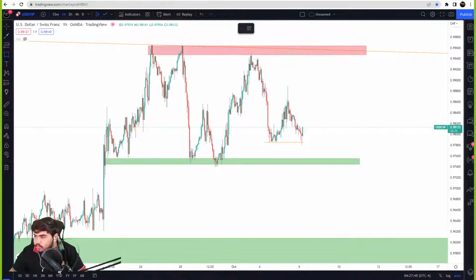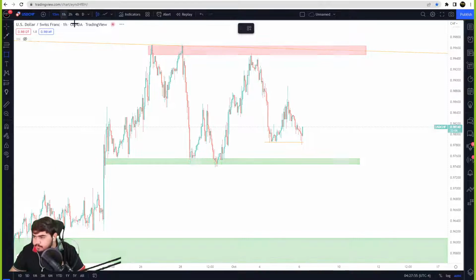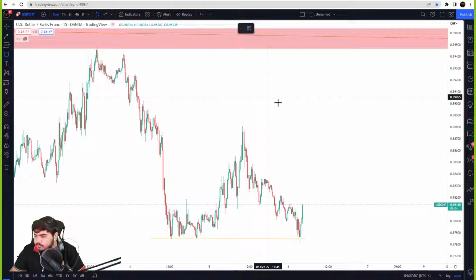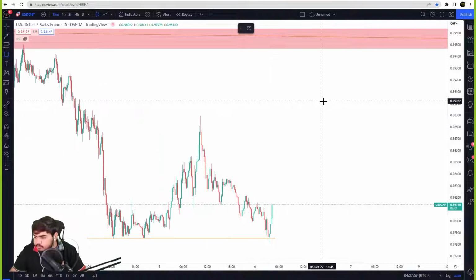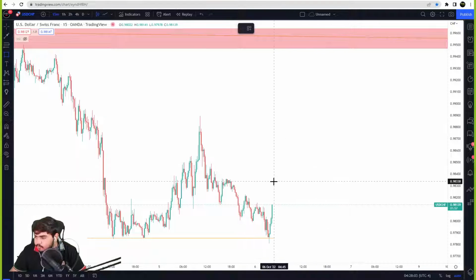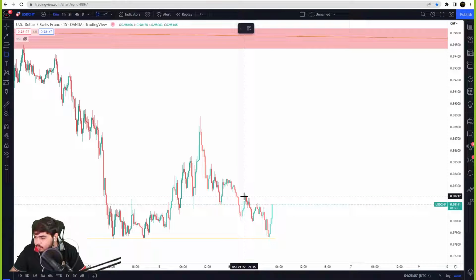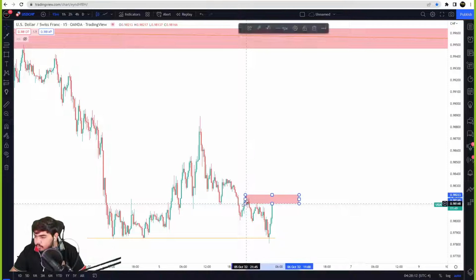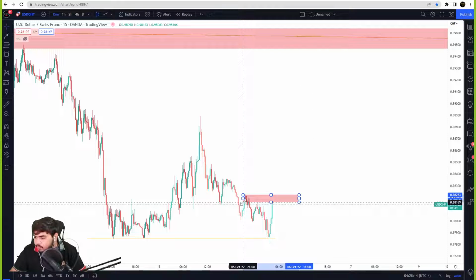If you switch to the 15 minutes time frame, what I can see is the price may drop from a level a bit higher than the current price. Price can drop from this area and possibly break the current low and drop all the way down.